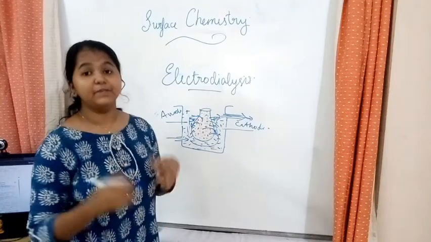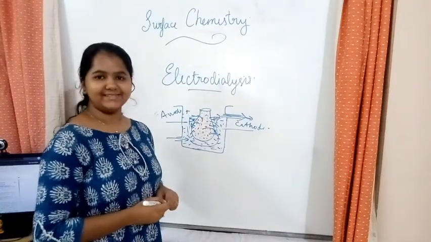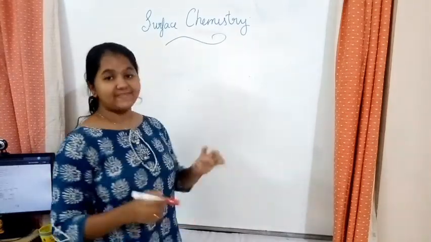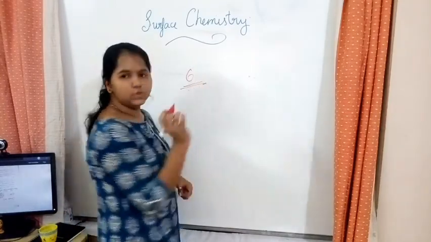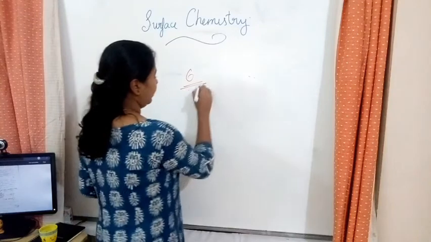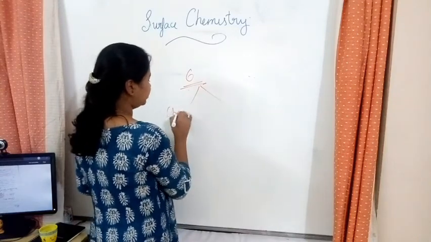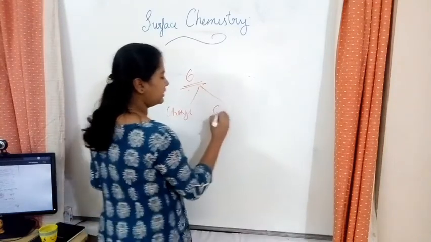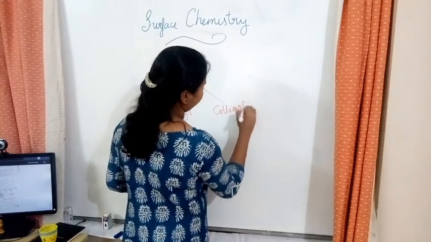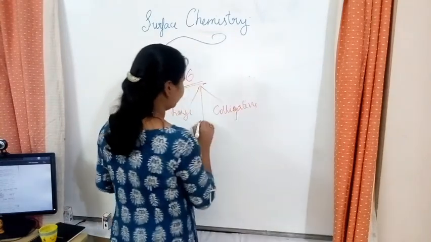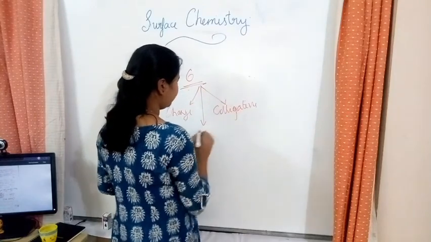Now we have to learn about the properties of colloids. To talk about properties, we have to learn about 6 properties. There are 6 properties of colloids, and we'll learn all of those. The first one is charge on a colloid. The second one is colligative properties. The third one is color.